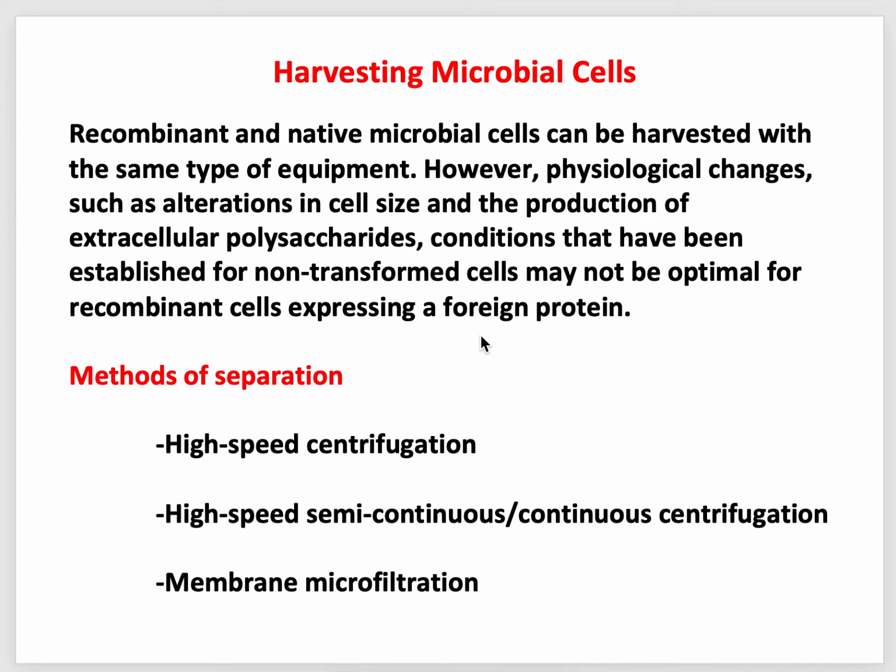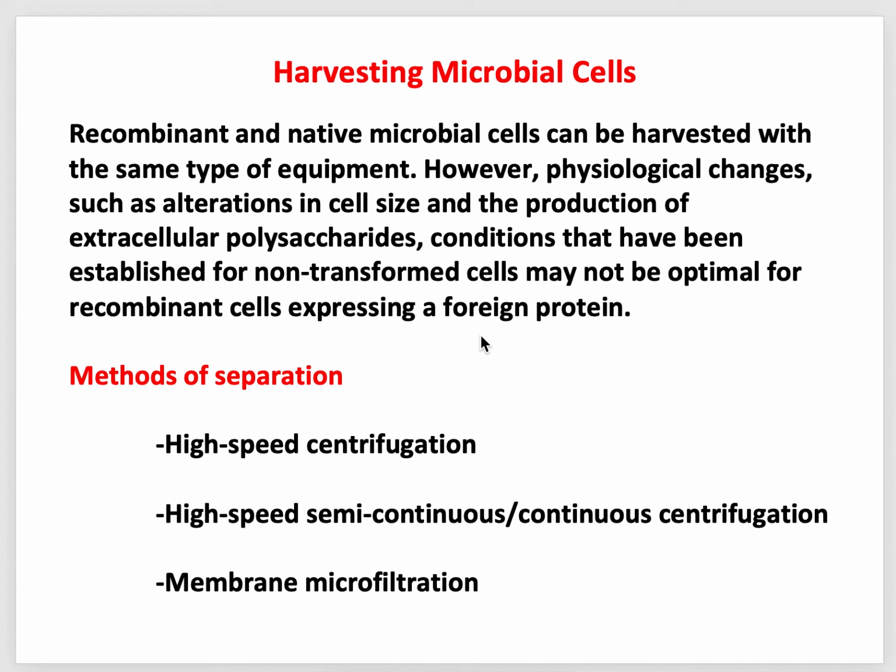Usually the equipment used to harvest the cells is the same for both native microbial cells and recombinant cells. However, in the case of recombinant cells, there are some physiological changes. The recombinant microbial cells are physiologically different from the native microbial cells.